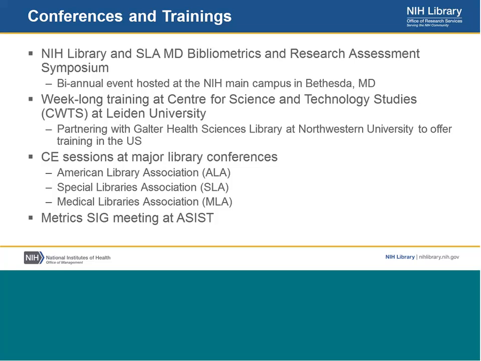So many folks don't have international travel available to them for training purposes. So something to be aware of is that CWTS is partnering with Galter Health Sciences Library at Northwestern University to offer periodic trainings in the US. At this point, they are doing that twice annually, typically one session in the summer and one in the winter.